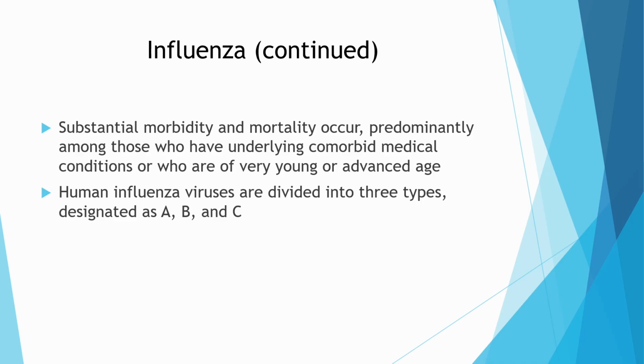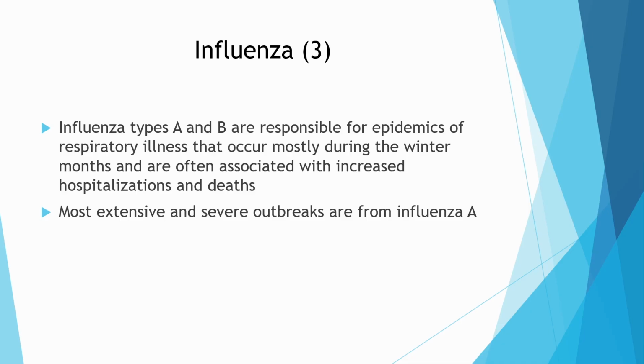Human influenza viruses are divided into 3 types, designated as A, B, and C, but for our purposes, we will only discuss A and B. Influenza types A and B are responsible for epidemics of respiratory illness that occur mostly during the winter months and are often associated with increased hospitalizations and deaths. Most extensive and severe outbreaks are from influenza A.